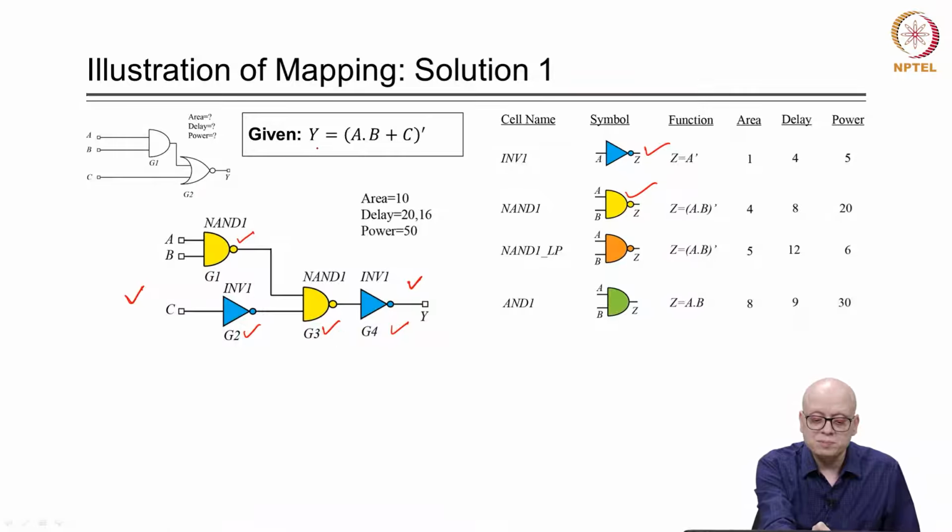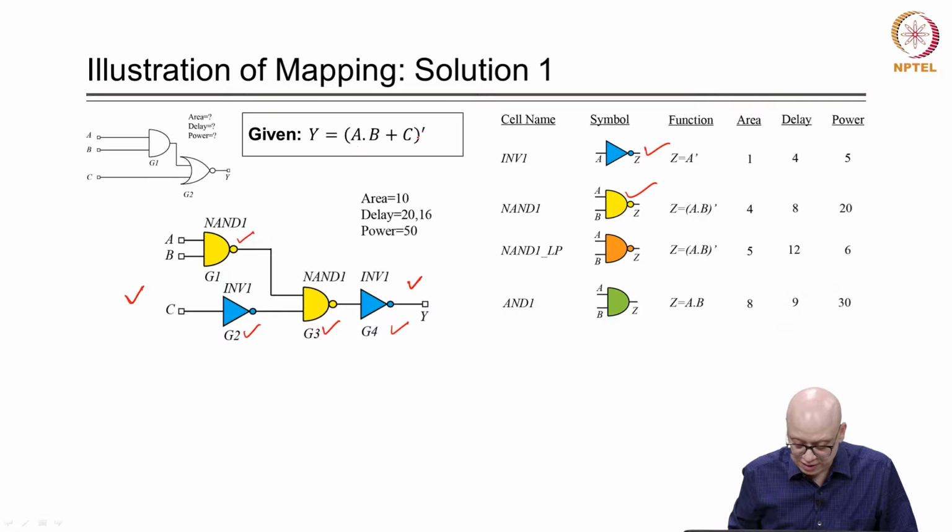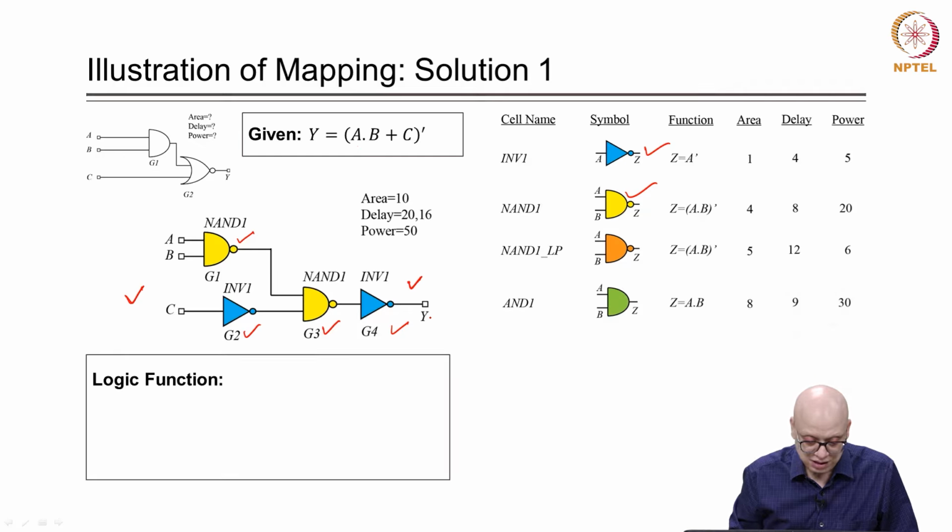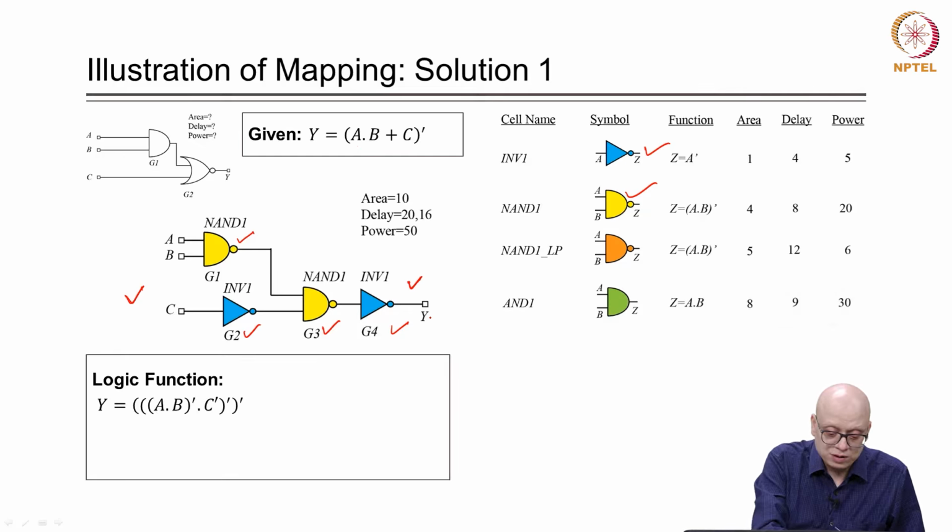For the given unmapped netlist, we have seen that the function y is equal to (a dot b plus c) whole complement. Now, let us compute what function the mapped netlist delivers. We can write y is equal to (a dot b) whole complement, because this is a NAND gate, and then it is taking a product with C complement, because there is an inverter, so this signal is C complement.